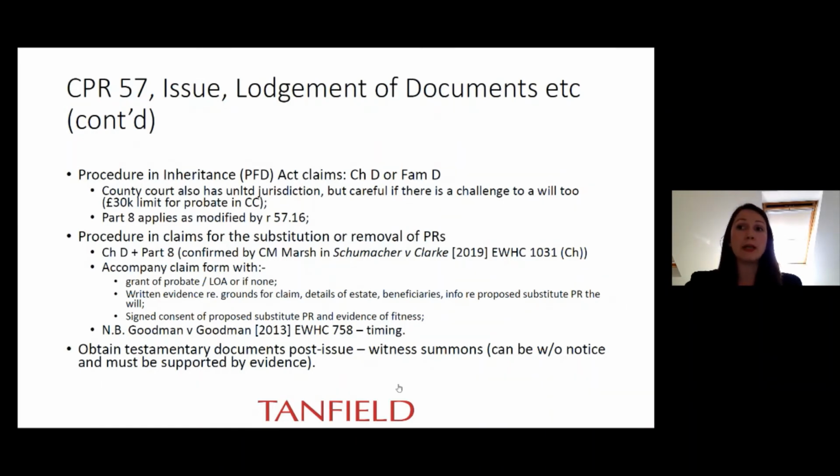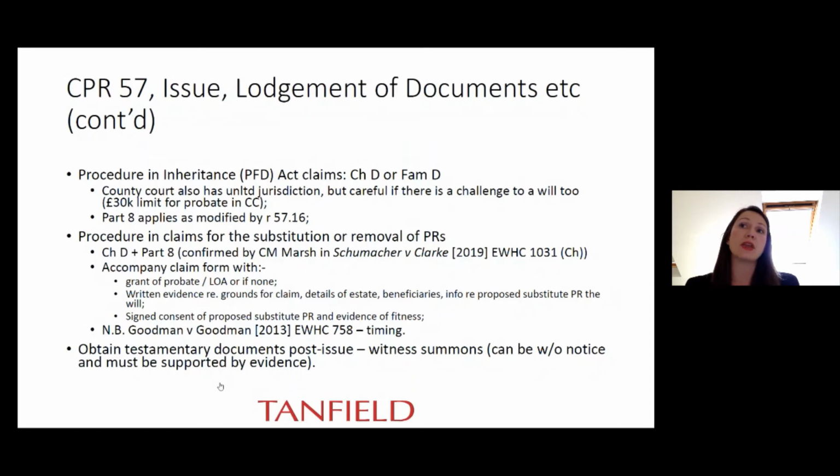Do you remember, and this is the case of Goodman and Goodman, that the power to replace or remove personal representatives under a will applies to a person named as executor, but to whom probate has not been granted. The same is not true in intestacy cases. Personal representatives do not become personal representatives until a grant of the letters of administration, so an application for their removal cannot be made prior to that.